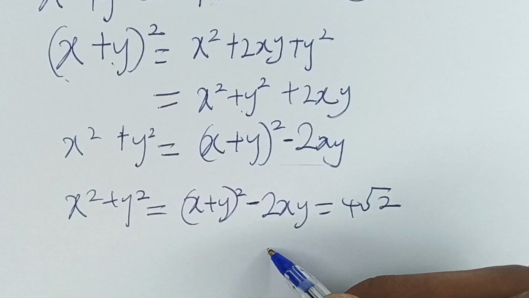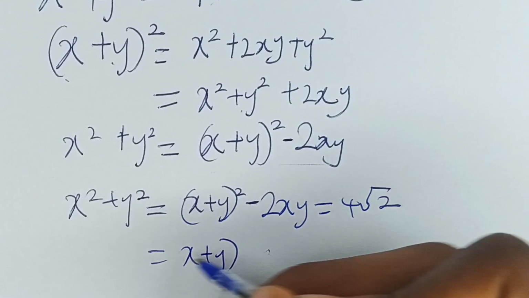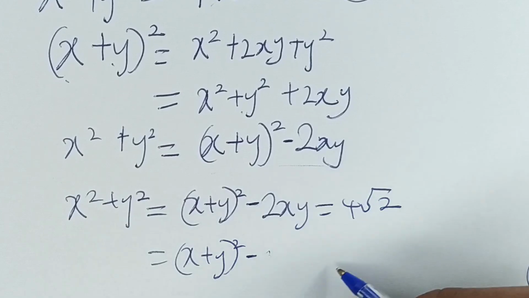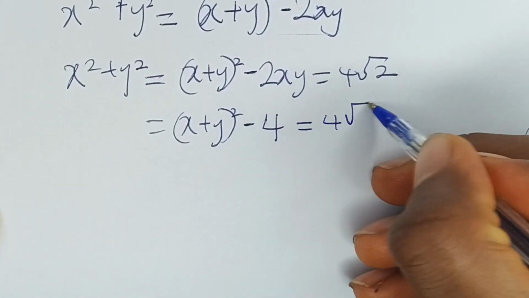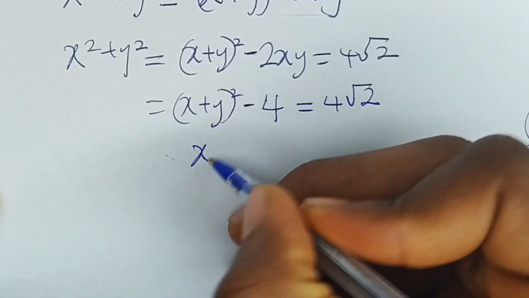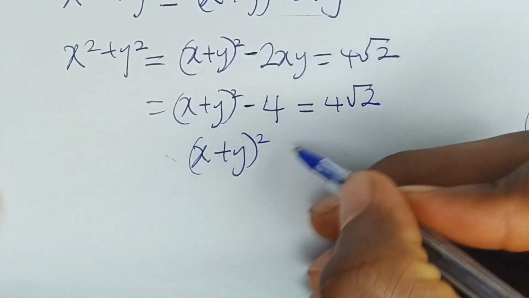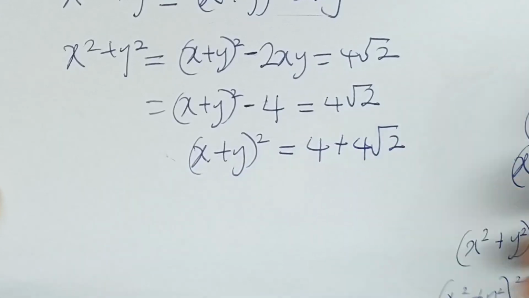Alright, from here we can say that x plus y all squared minus 2xy, which is 2 times 2, which is 4, is equal to 4 root 2. From here, x plus y all squared is equal to 4 plus 4 root 2.